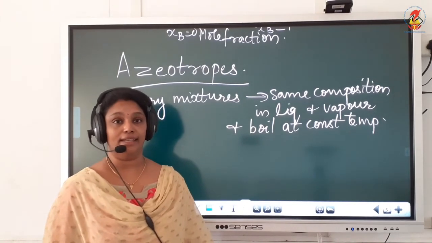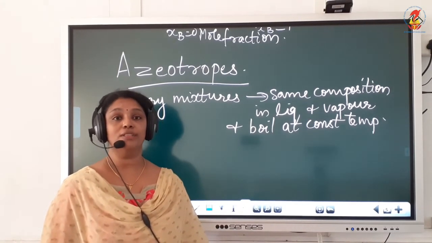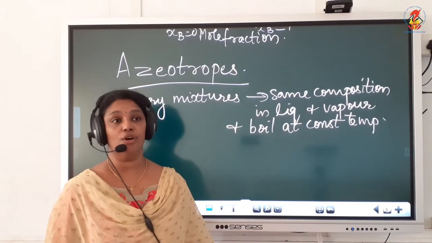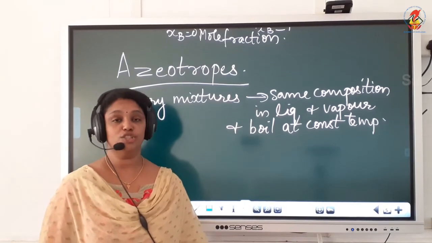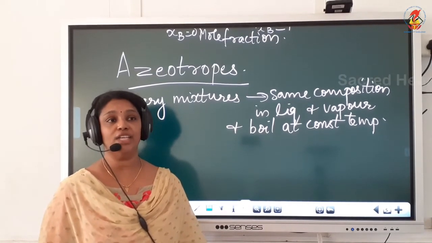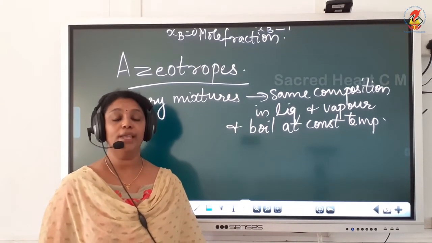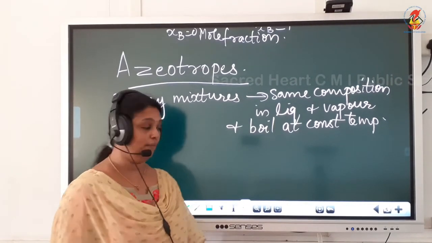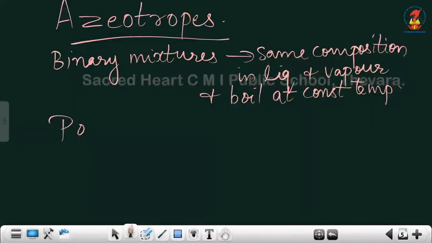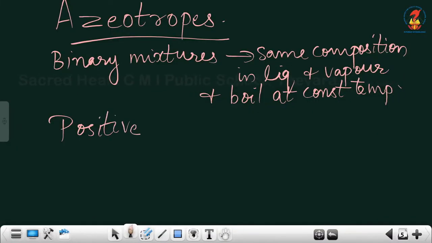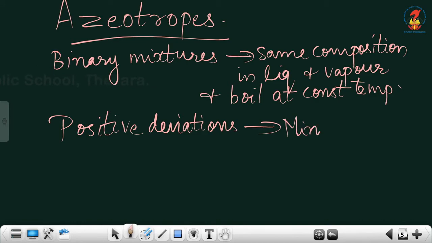Now, we can say that solutions which show positive deviations from Raoult's law form minimum boiling azeotrope, and solutions which show negative deviations from Raoult's law form maximum boiling azeotrope. So solutions that show positive deviation from Raoult's law will form minimum boiling azeotrope.